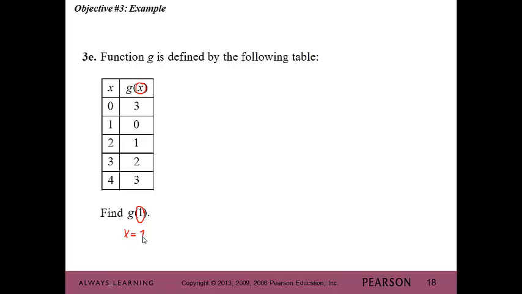So you're going to start by first finding where does x equal 1? It's right here. And then the second thing is, what is g of 1 then? So you're going to scroll over to the g column. And what is g of 1? It's 0. So g of 1 is equal to 0.